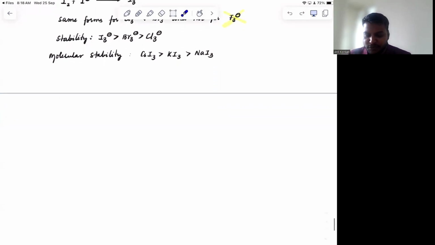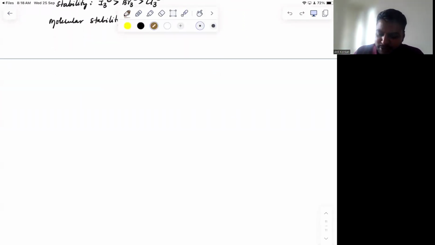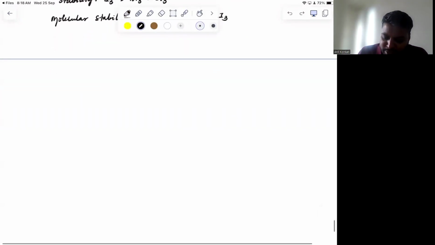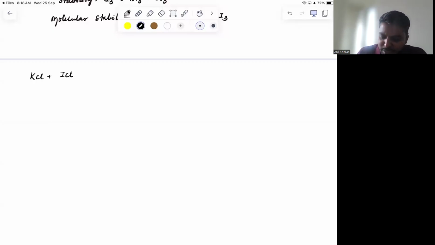Okay. Now, a few important reactions from here. What you need to know is that if you take KCl and treat it with ICl, then what we will get here is K plus and ICl2 minus. Now, this would be a linear structure, like I3 minus.